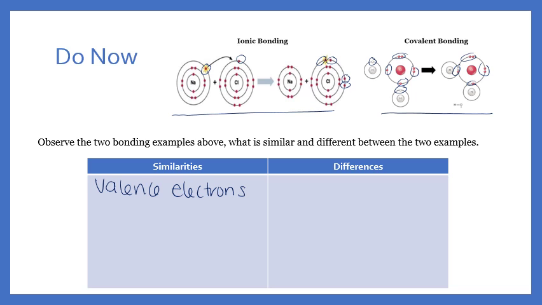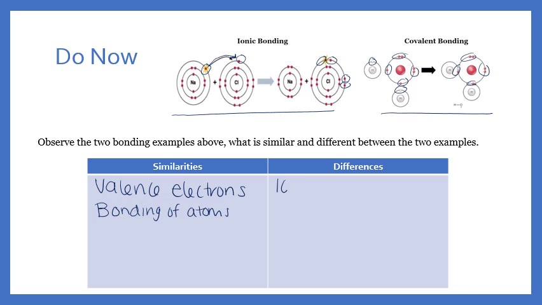What else do they have in common? They are atoms. They both include atoms, bonding of atoms. Okay, how are they different? For the ionic bonding, sodium is completely transferring or giving up its valence electron to chlorine.